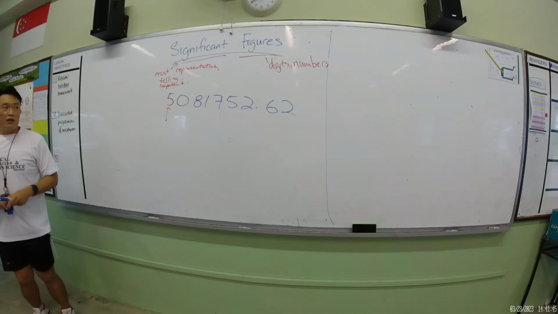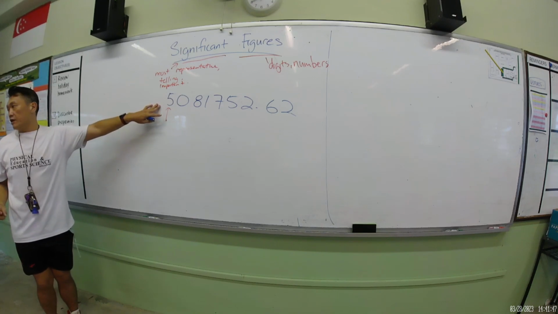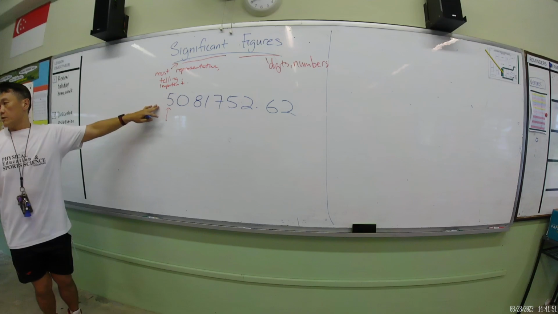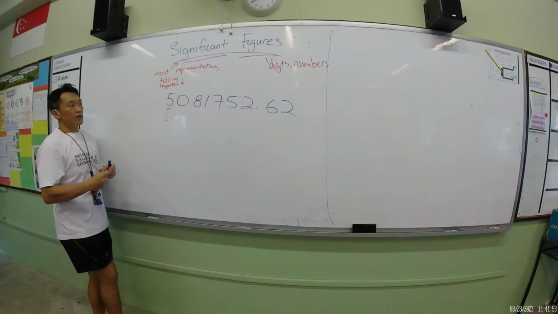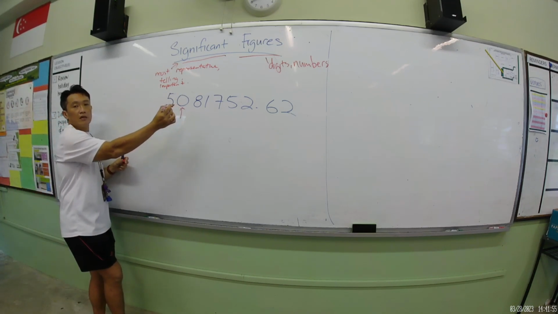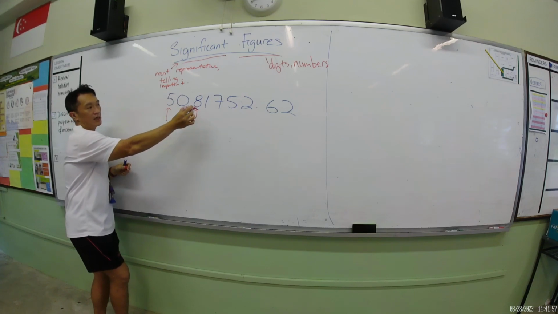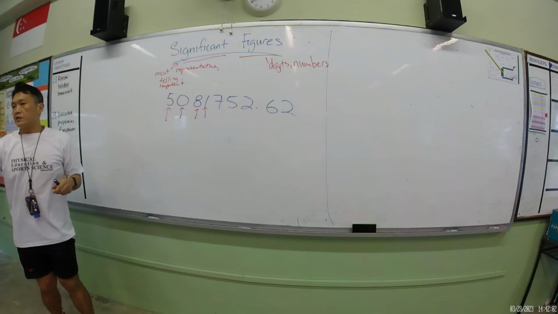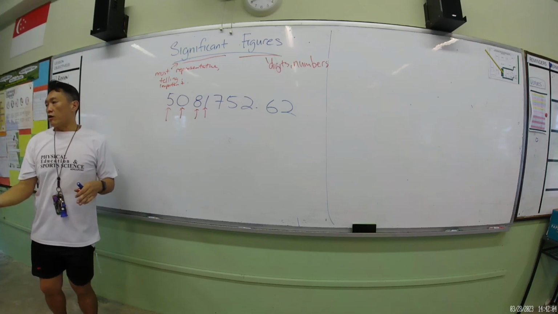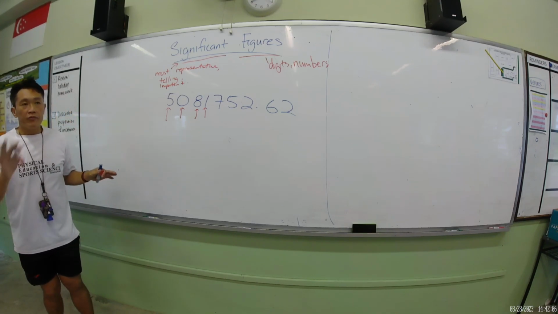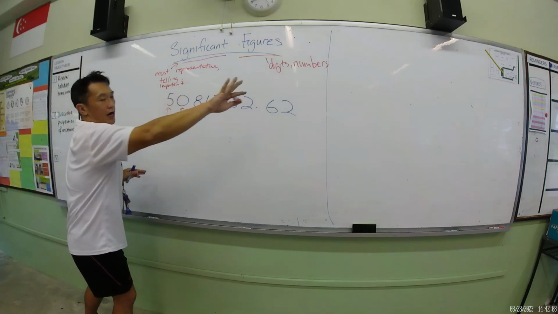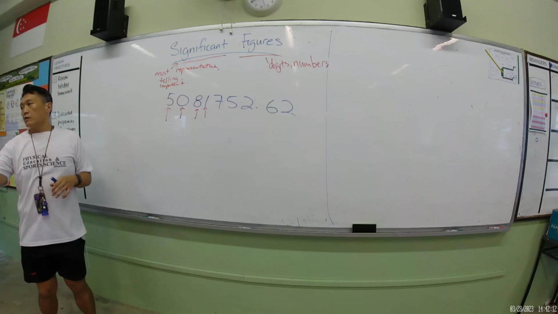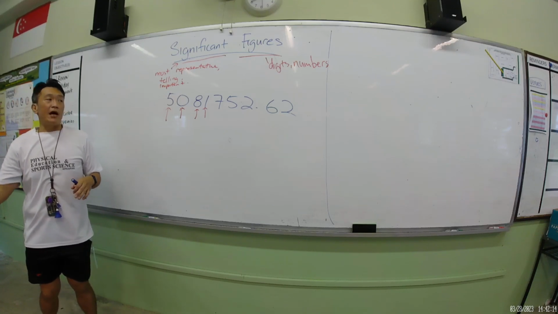Okay? So if we know the number 5 already, the next most important will be this number, followed by this number, followed by this number. Just like when we talk about rounding up, the more to the right-hand side, the more exact, also meaning it doesn't count as much.